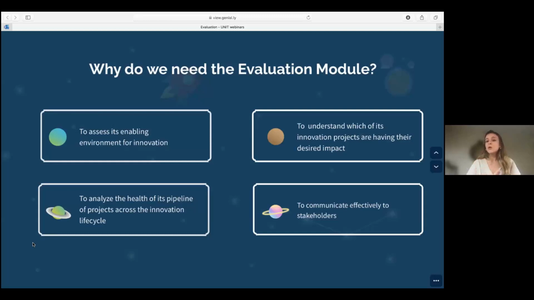Also, to understand which of the innovation projects is having the desired impact, and to determine with set criteria as well as indicators how the project is going. Also, to analyze the health of the pipeline of projects across the innovation life cycle. And finally, equally important, to communicate effectively the results of these evaluations.